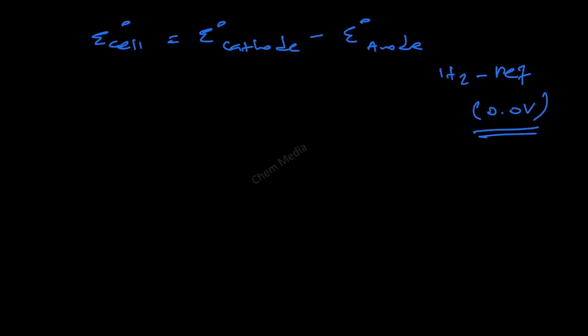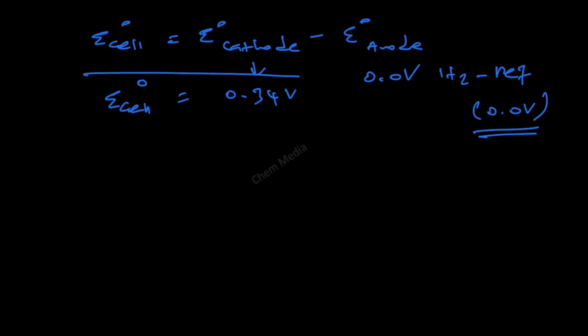And the platinum acts as an inert conductive metal substrate that facilitates the redox reaction between H2 and H plus in the standard hydrogen electrode. So therefore this value is 0.0 volt, and for the cathode the value is given as 0.34 volt. So therefore the E cell standard value is 0.34 volt.